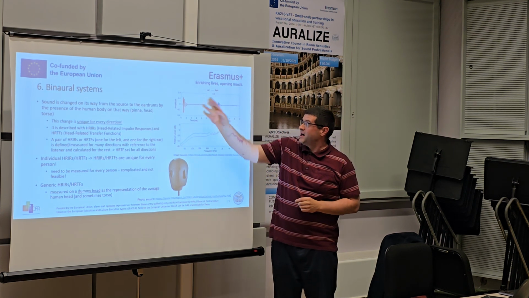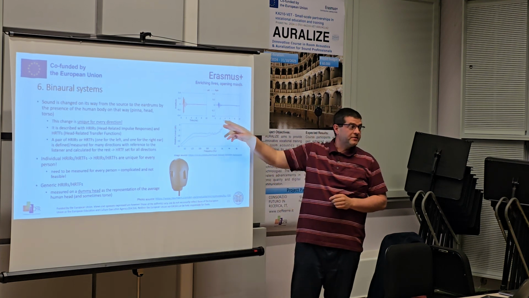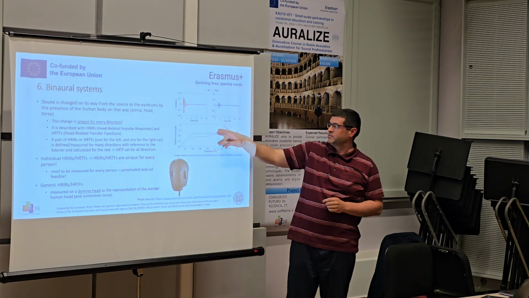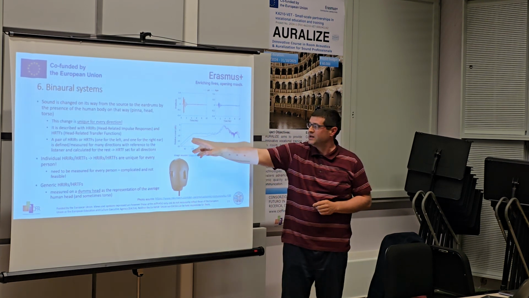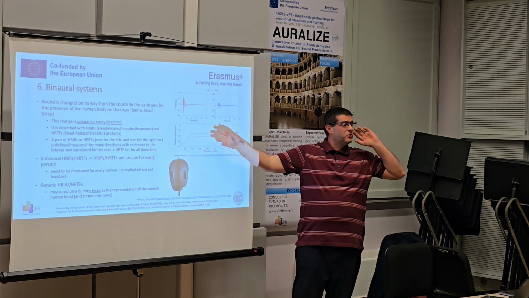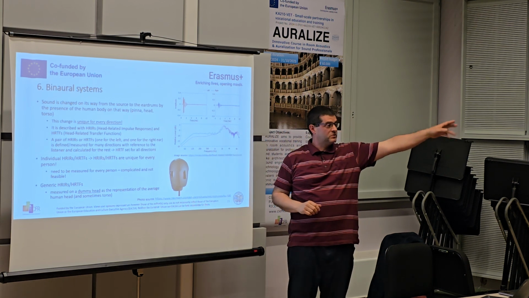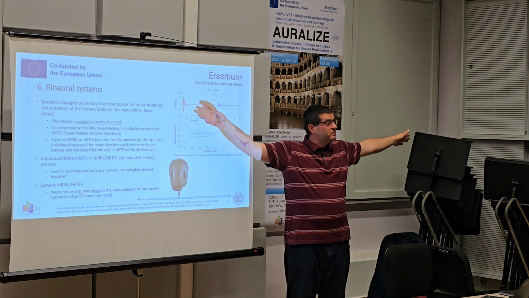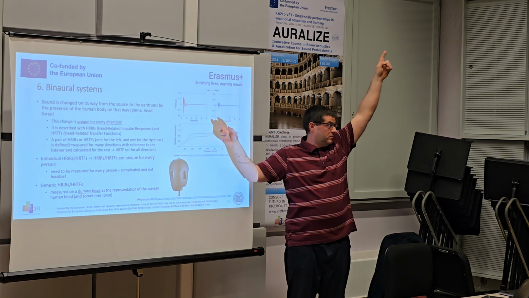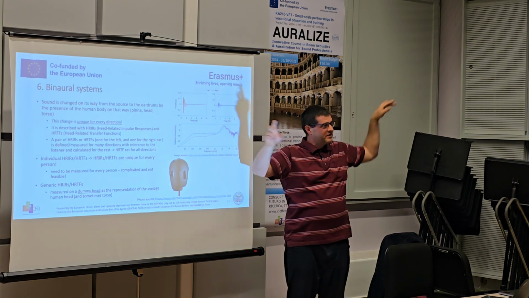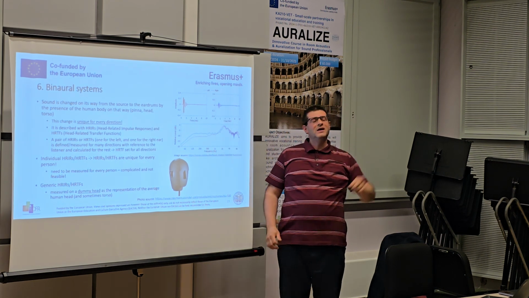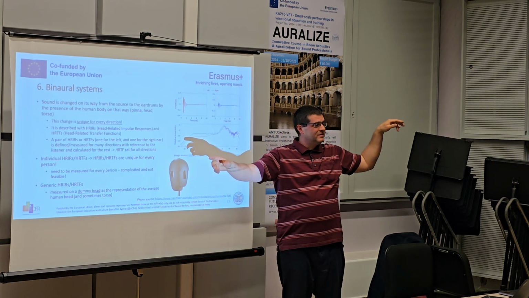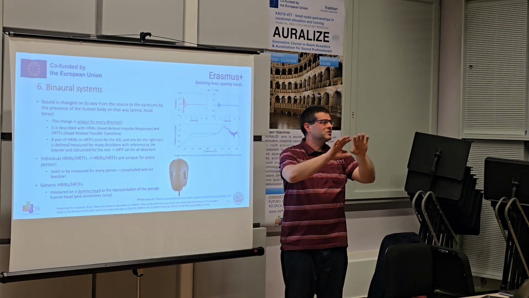From that you can get these head-related transfer functions, and you can see by frequency how the sound is changed for your left and right ear for the source in that specific direction. If it was here, this would be a little bit different. If it was there, again different. So it's very specific for every person and for every direction. This is why we measure a whole set, not just one.